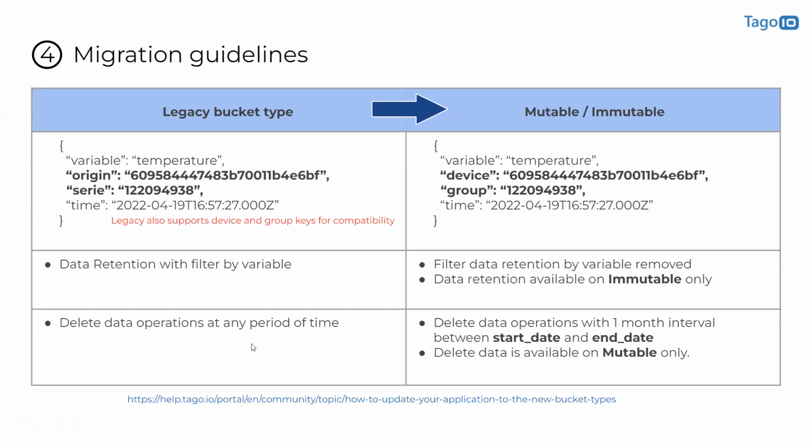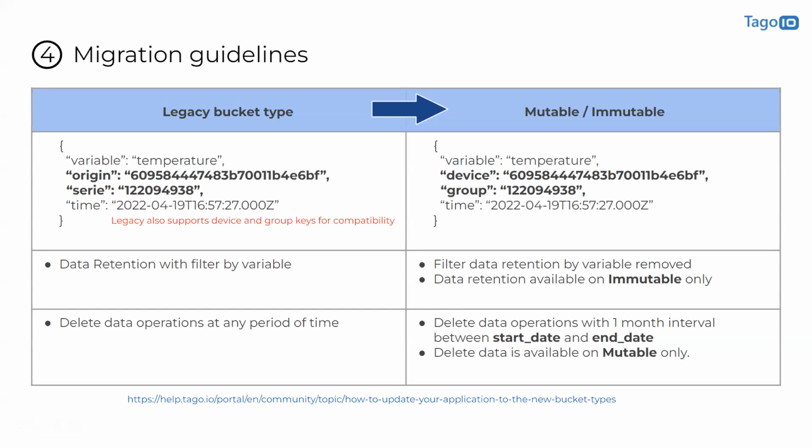Previously, you would also be able to delete data at any period of time. So this has been changed for both mutable and immutable device. So now you have to specify start date and end date to get a 1 month interval at maximum, of course.